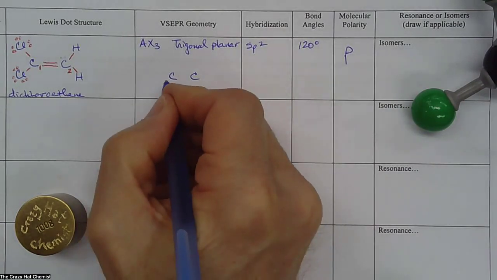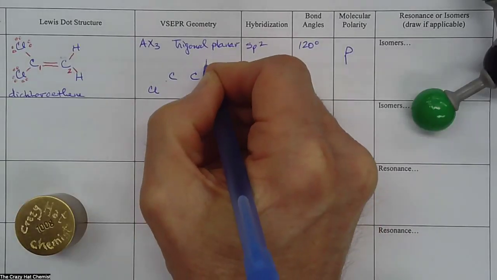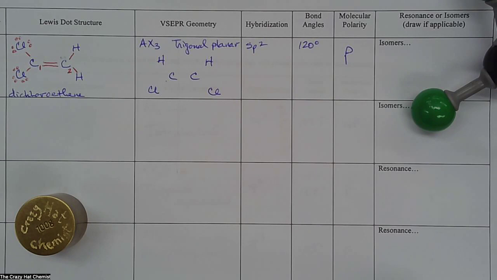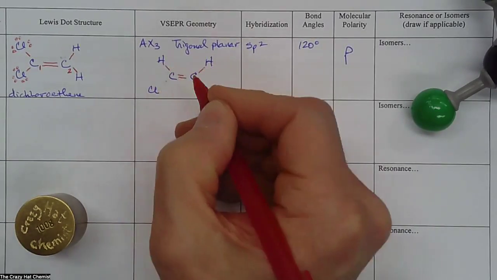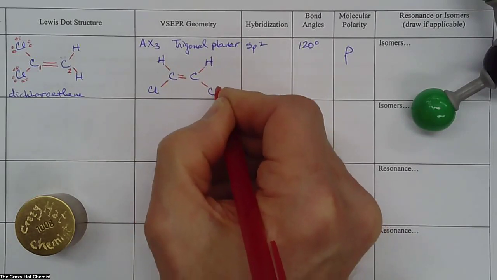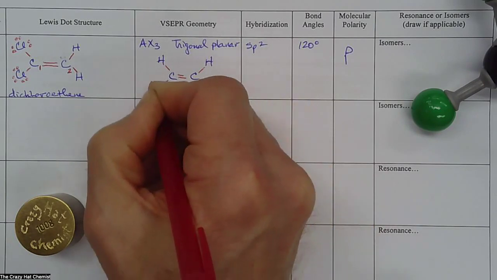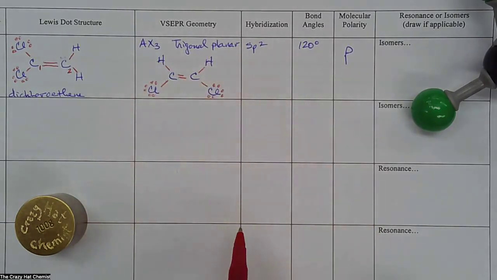We're going to keep this chlorine right where it's at, and put the other one here, and put the other hydrogen here and the other hydrogen here. This will be one of our isomeric structures. It's still going to have the double bond, single bonds for the chlorines, and 3 sets of lone pairs of electrons for the chlorines, because it's a halogen and all halogens have 3 sets of lone pairs of electrons.